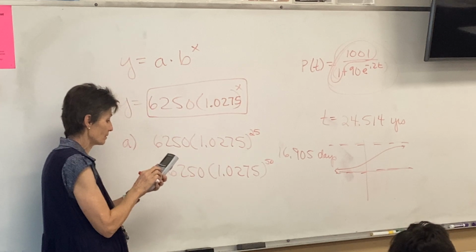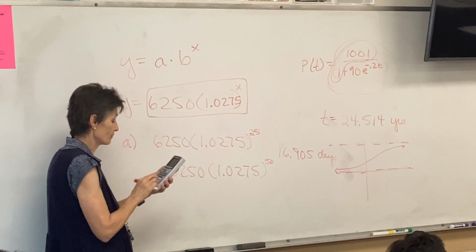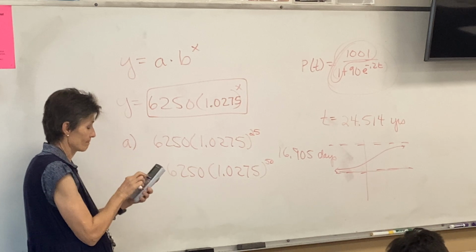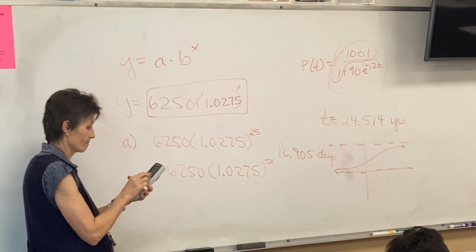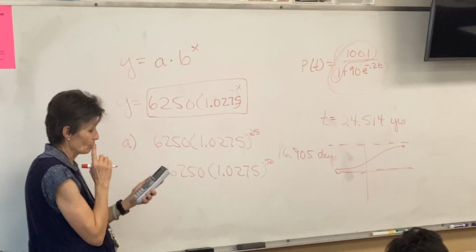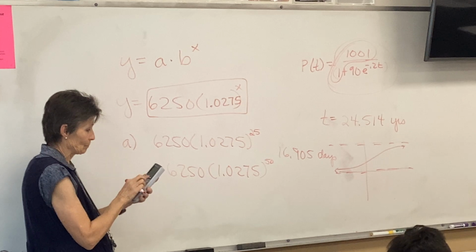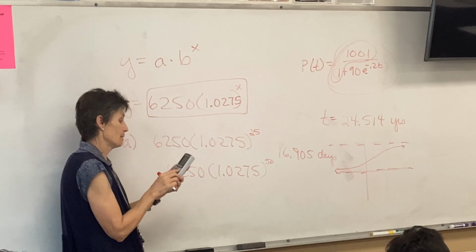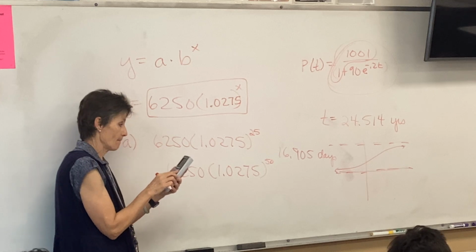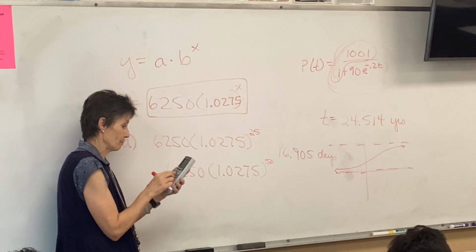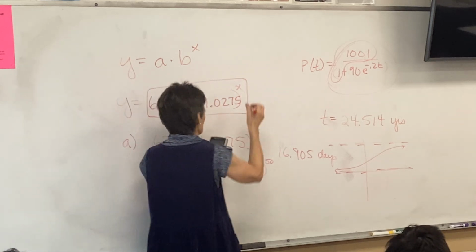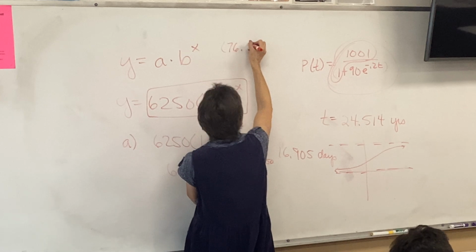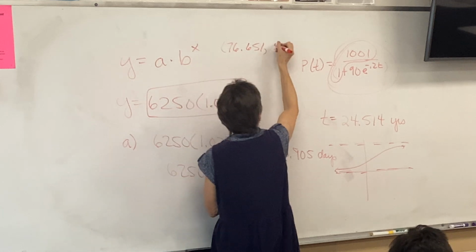Adjust your window. This is what I got for my point of intersection: 76.651, comma, 50,000.